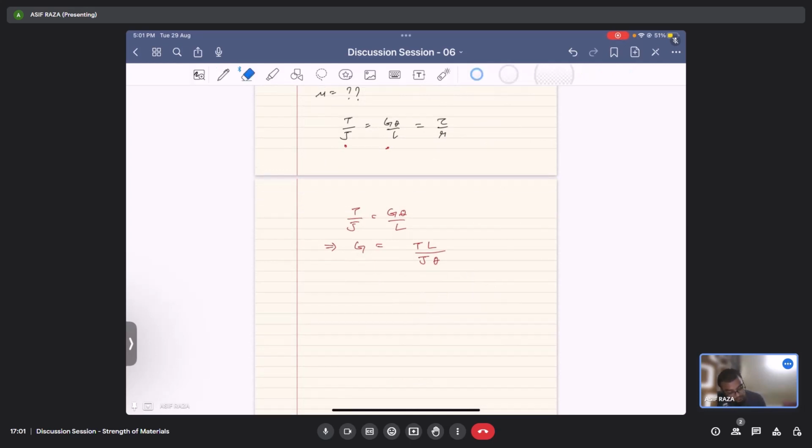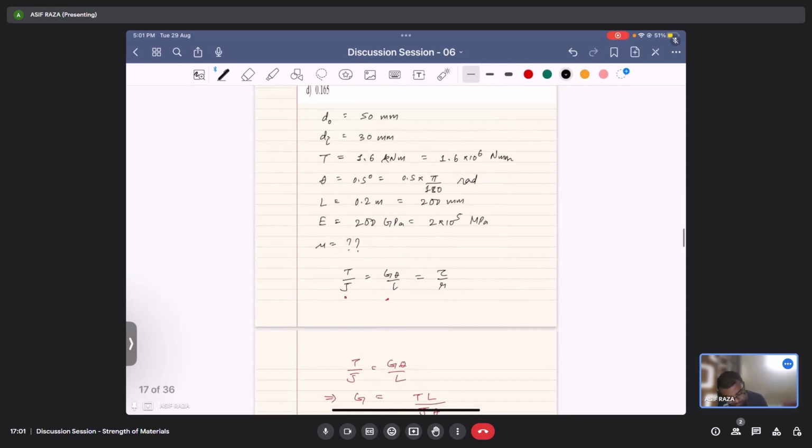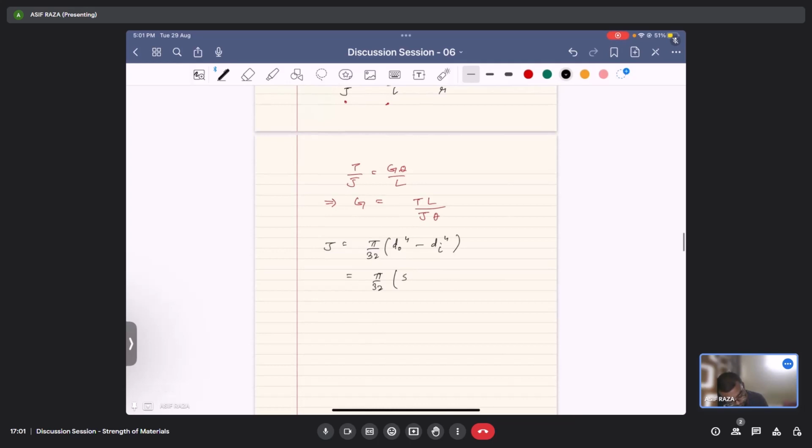So J would be equal to pi by 32 d naught to the power 4 minus d i to the power 4, and this would be equal to pi by 32, d naught is 50 and d i is 30.